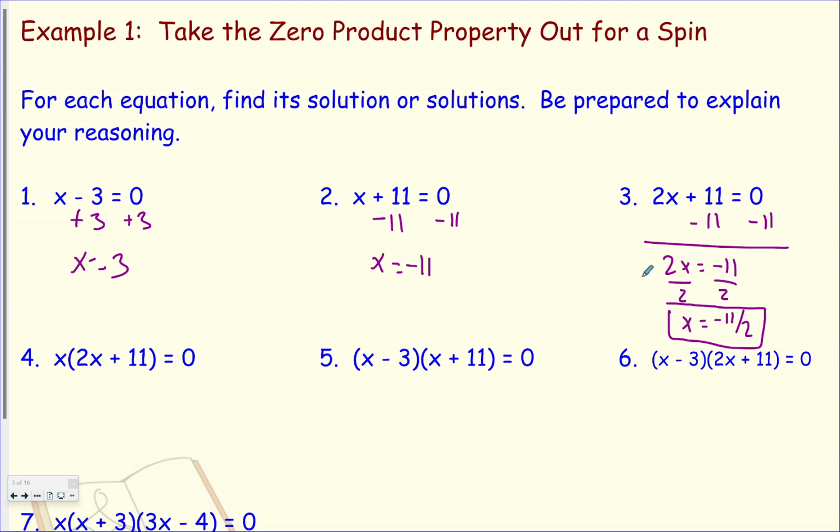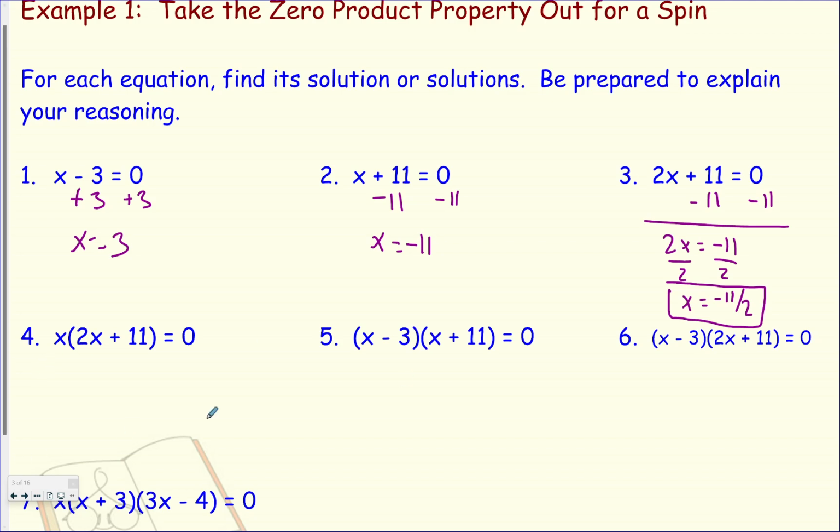Okay, what about some of these other factors? You're going to notice for the rest of these, you're going to see a lot of the same numbers. But let's take a look at how it works. Number 4, x times (2x plus 11) equals 0. Now, this is the same equation as 3: you have 2x plus 11 equals 0, but you have this x in front of it.